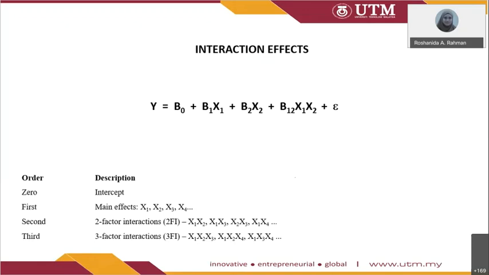If you have interaction effects in the equation, just now we were only talking about the single effects. We want to see what is happening to the yield, to the y, if we have only single effects, x1 as time and x2 as temperature. How about the interaction effect? That's why we have x1 x2 here, with b12 as the constant for the interaction effect.